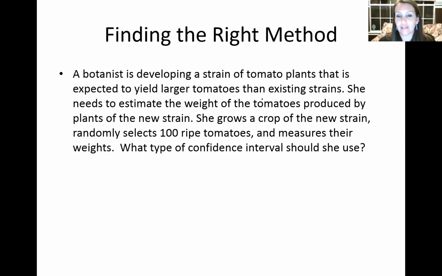Then we have to decide if we have one group or two groups. Any guesses? Yeah, in this case, we just have one group. She just has one sample that she took. We're talking about a quantitative variable, so we're dealing with the one sample T procedures.